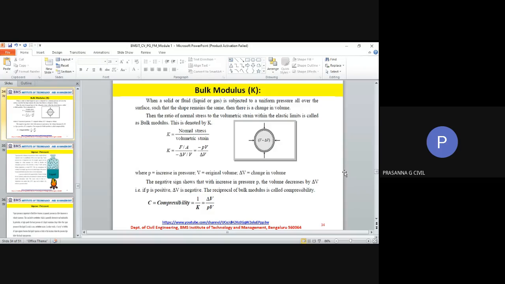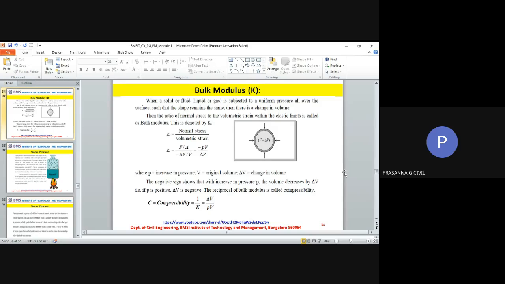Okay. Now, we come to the next topic, which we call bulk modulus. So what is bulk modulus? We all have studied modulus of elasticity, where we say longitudinal stress by longitudinal strain. Here, bulk modulus is defined as the ratio of stress to volumetric strain within elastic limits.